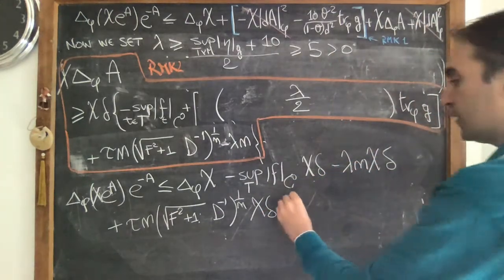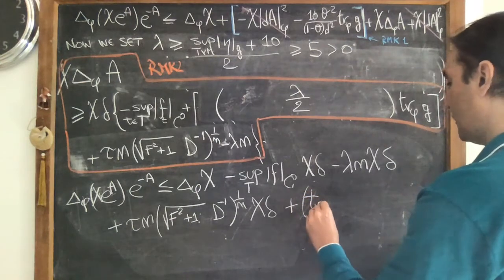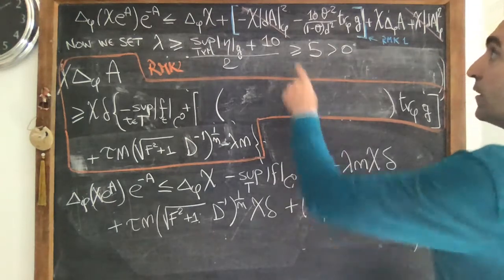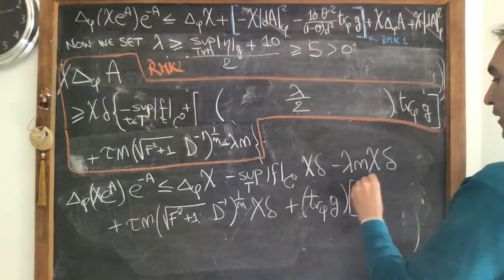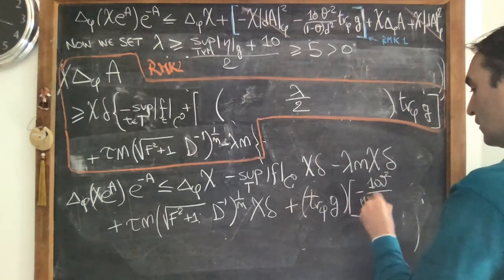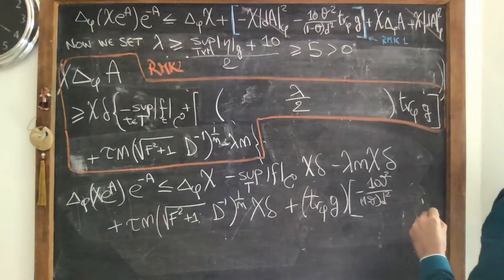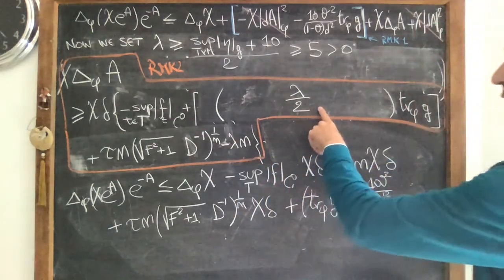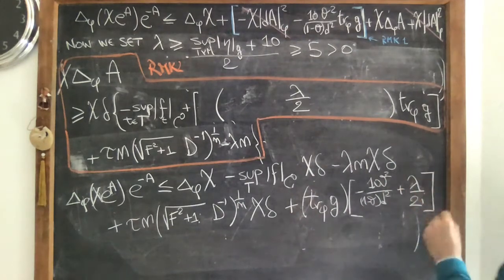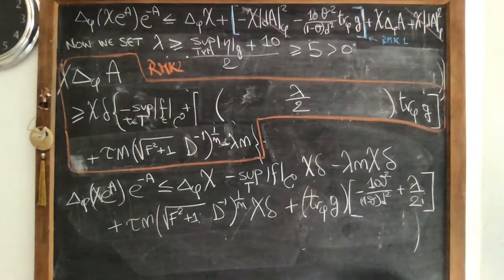And then there is this plus trace with respect to omega phi of g that multiplies this minus 10 theta square over 1 minus theta small d square plus lambda over 2. Okay.